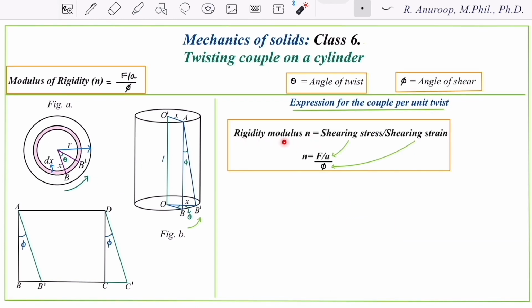We have seen that the rigidity modulus N is equal to shearing stress divided by shearing strain. So we can write N is equal to F by A divided by phi, where F by A is the shearing stress and phi is the shearing strain or the angle of shear.